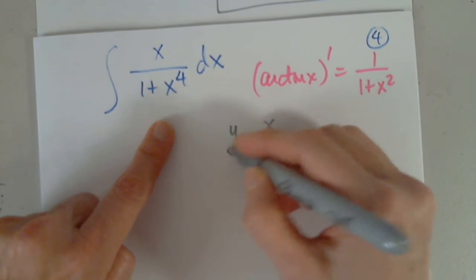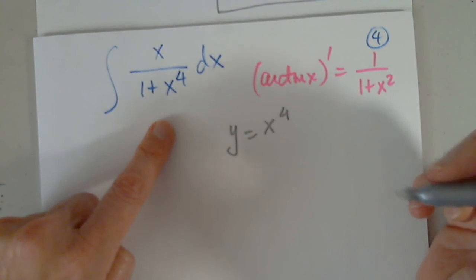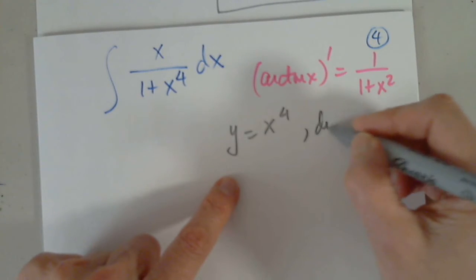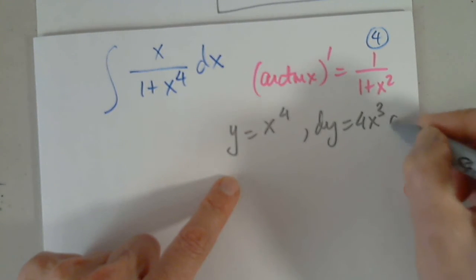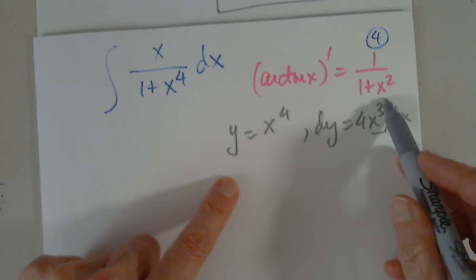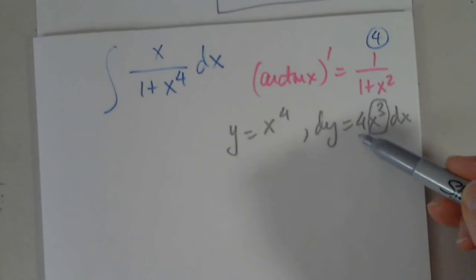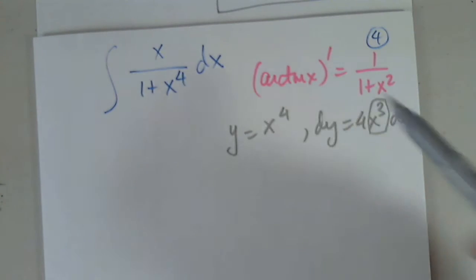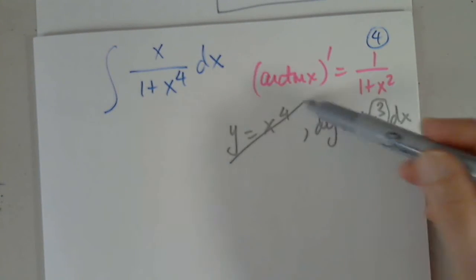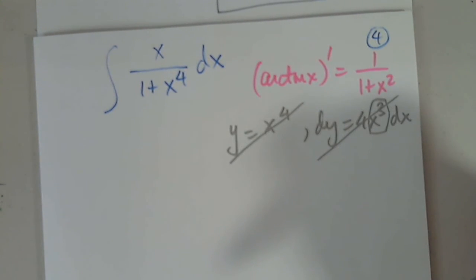Could I use y, let's say, as x to the fourth? Not really, because dy will be 4x to the third dx, and I don't have x to the third. The 4, or 1/4, is not a problem, but I don't have x cubed. So this is not the right path. This is not the right substitution.